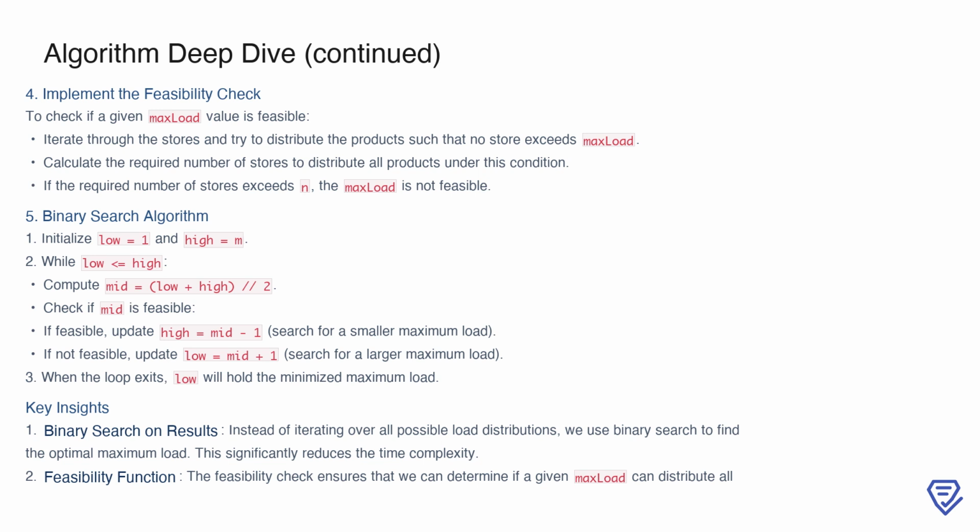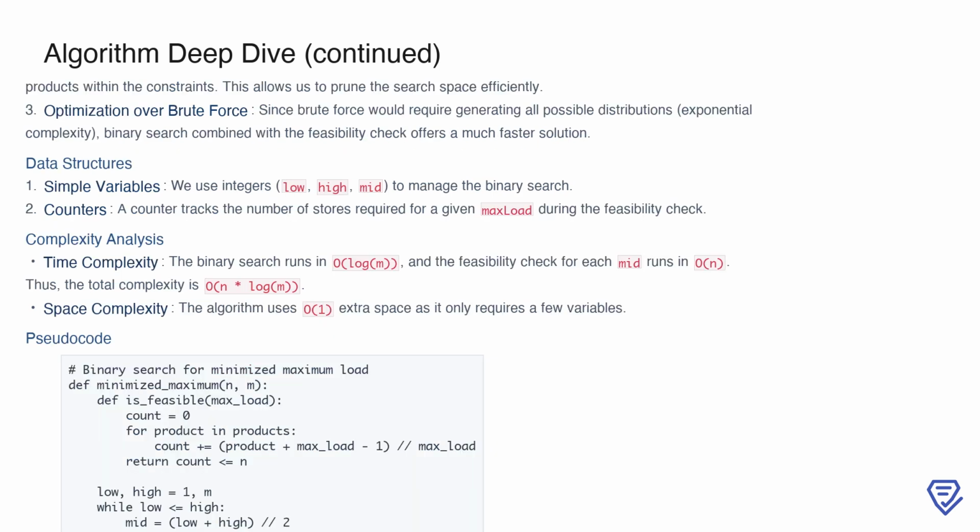This process leverages binary search to reduce the time complexity compared to a brute force approach. The feasibility check is critical to efficiently pruning our search space. By carefully verifying if a given max load can accommodate all products within the store limit, we ensure that the algorithm remains efficient.